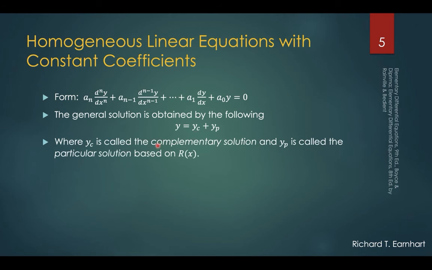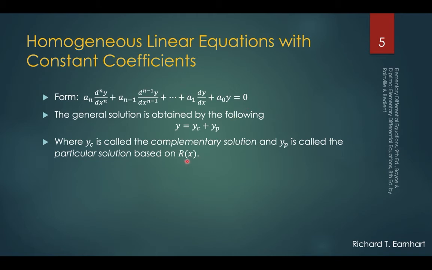The first part is called the complementary solution, which is based on the derivatives, and then y sub p is called the particular solution, which is based on the right hand side of the equation, r of x.